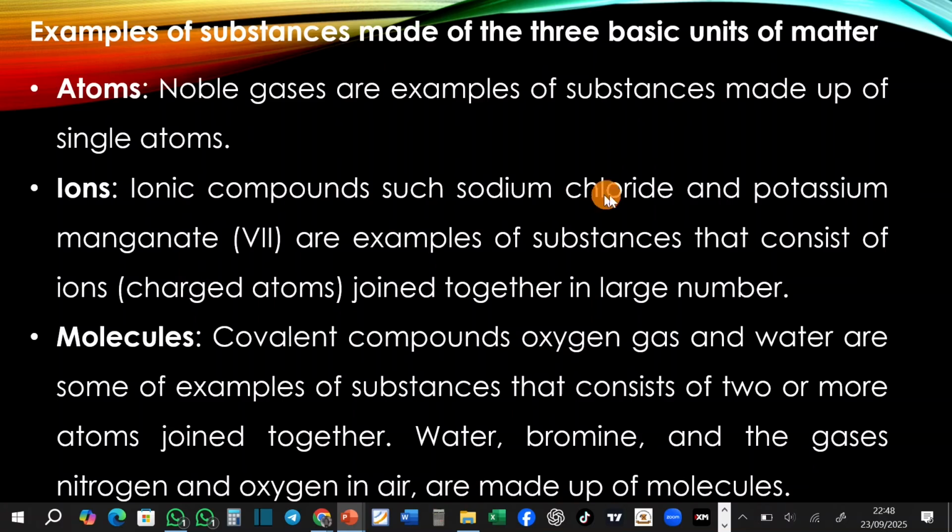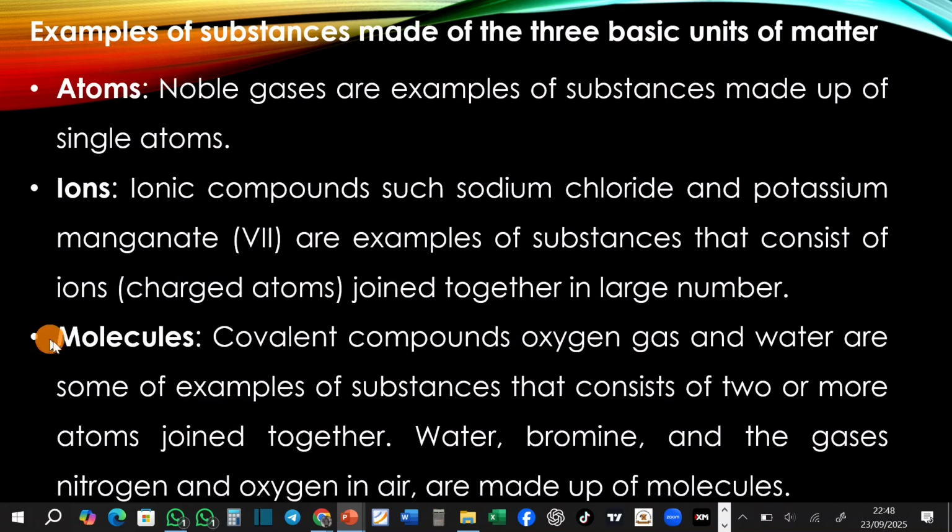These are like sodium chloride, potassium permanganate, potassium manganate(VII). These will be examples of substances that consist of ions. So in sodium chloride, in potassium manganate(VII), there are ions which make them up. Now these ions are actually charged atoms, joined together in large numbers.